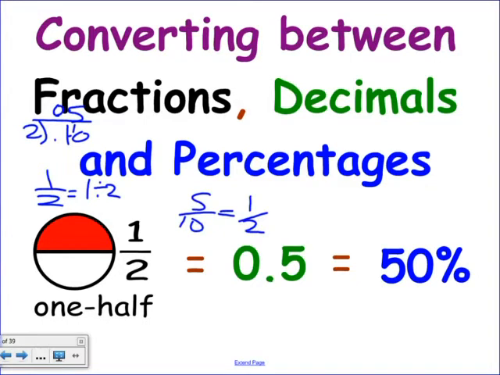Decimal multiplied by 100 gives me the percentage, so 0.5 is 50%. What does 50% mean? We just talked about it. 50 over 100. That's what percent means, something per 100. Okay? If I simplify 50 over 100, it gives me a half again. So all these things are related. Okay? It's not a coincidence that a half is 0.5 is 50%. It's because when you do the maths behind them, they're all the same no matter which way you do it. Okay? So if you get a question that compares them, put them into one of those 3 formats that you're most comfortable with.